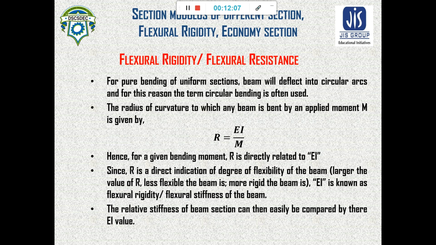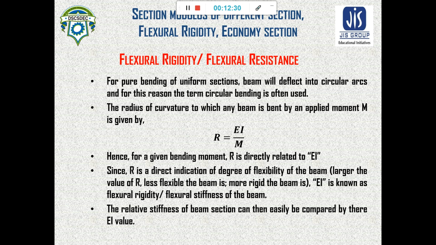After knowing that, let's see about flexural rigidity, or flexural stiffness, or flexural resistance. What is it? Till now, what we have said is that for pure bending, a uniform section beam will deflect into a circular arc.